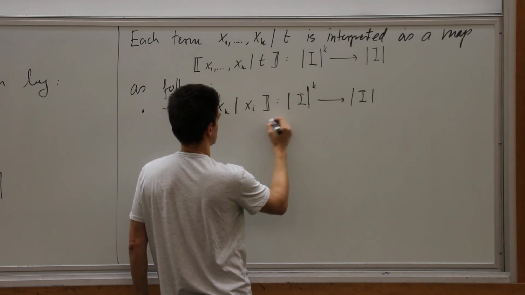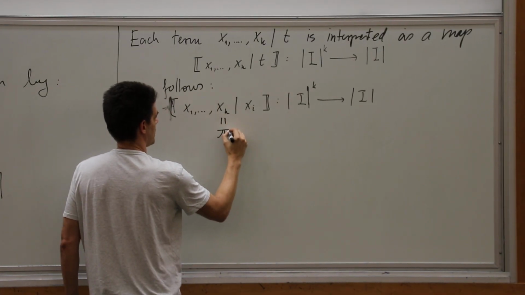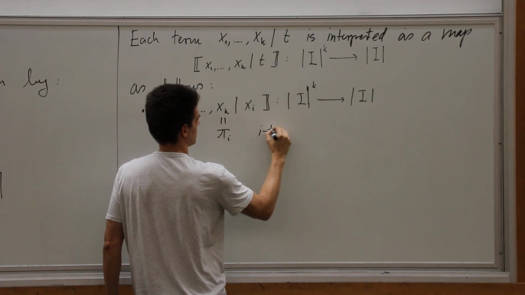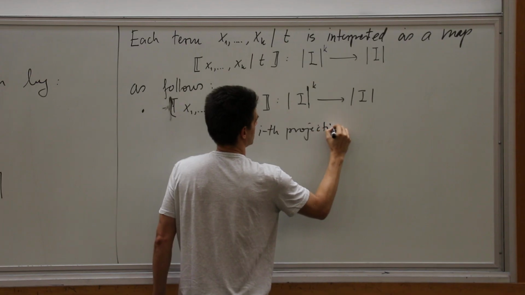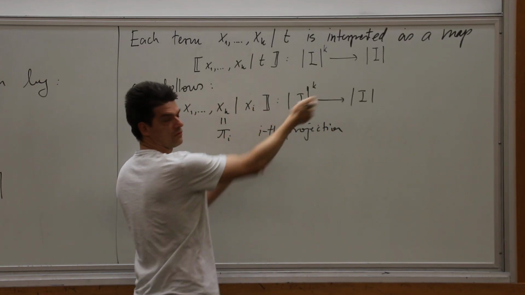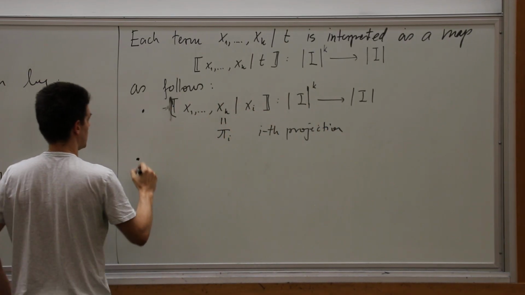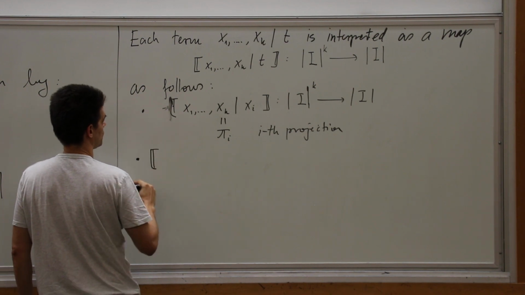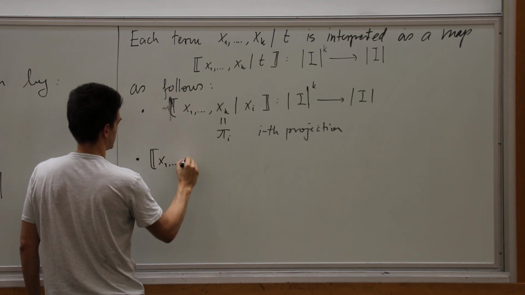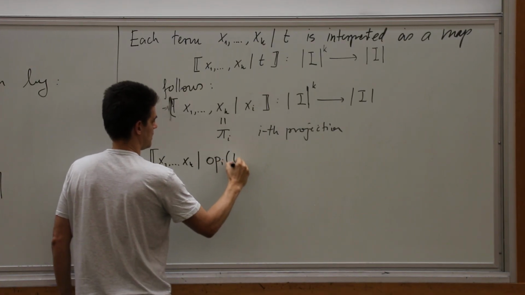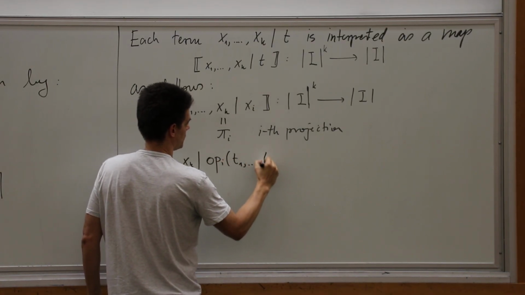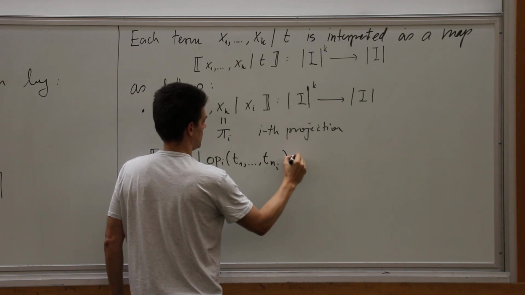So this is just going to be pi i, the ith projection. It takes a k tuple and it gives you the ith component. And what is the meaning of op of t1 up to tni?